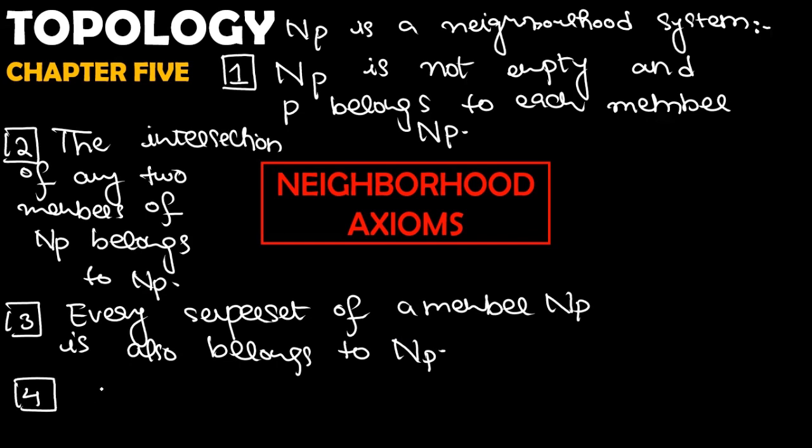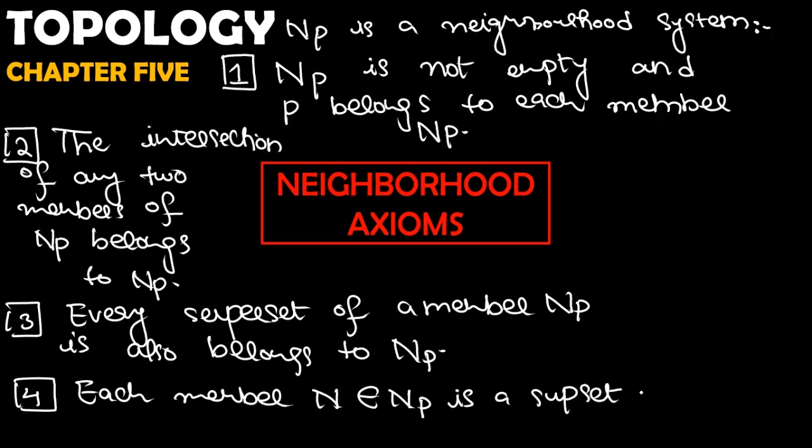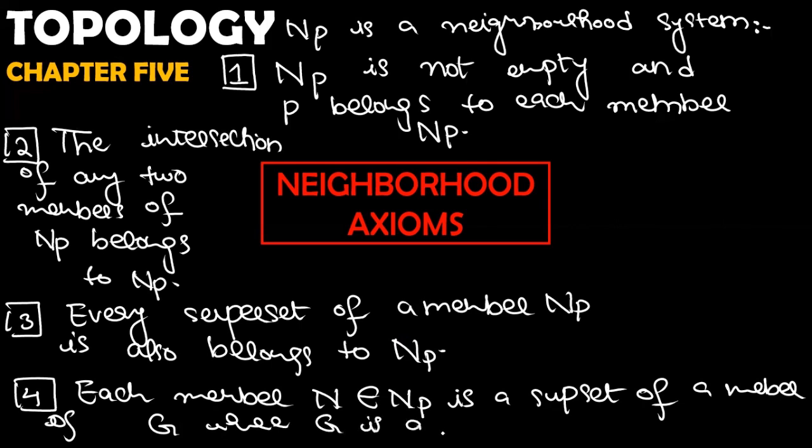Number 4, the last point of this lecture, is that each member N belonging to NP is a superset of a member G, where G is open, that is, G is a neighborhood of each of its points.